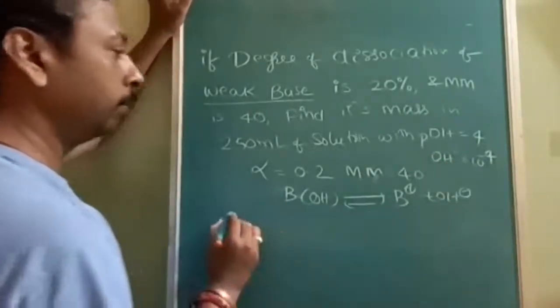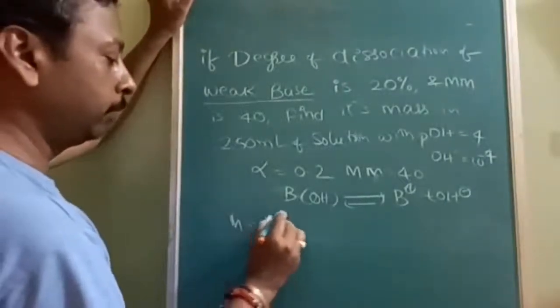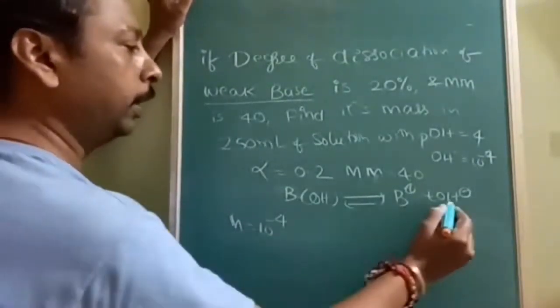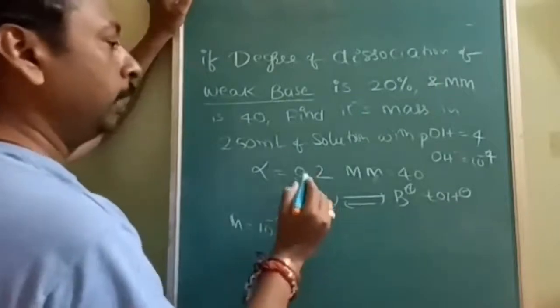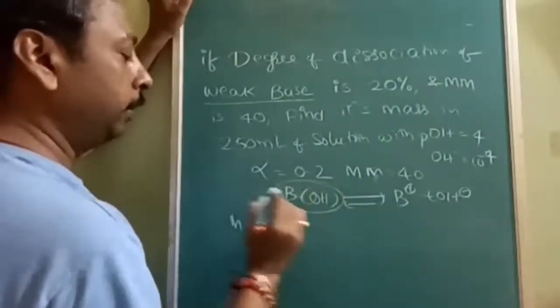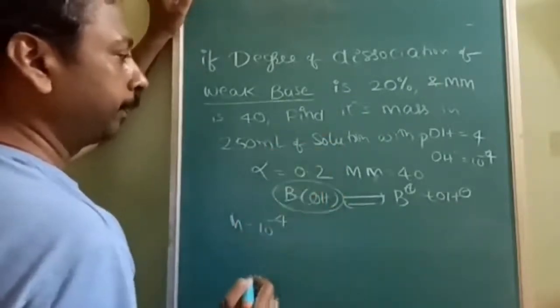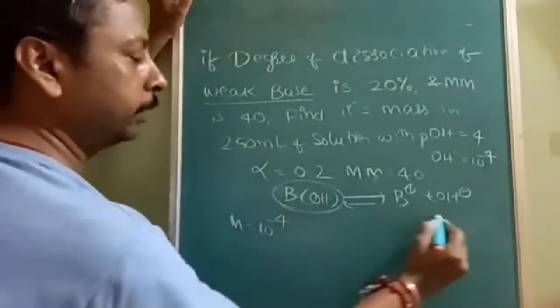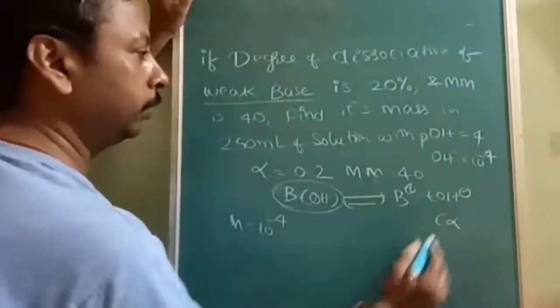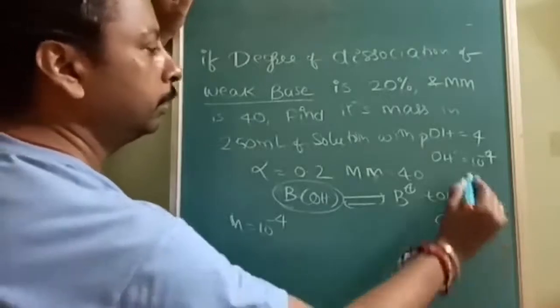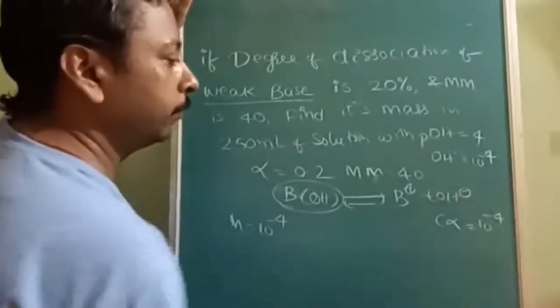So molarity of OH is 10 to the power of minus 4, directly you can take here only. So C alpha is equal to 10 to the power of minus 4.